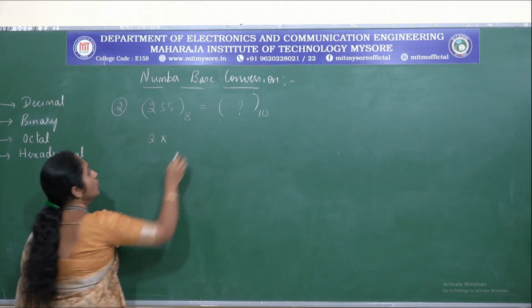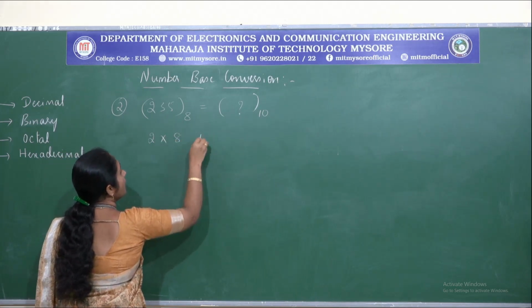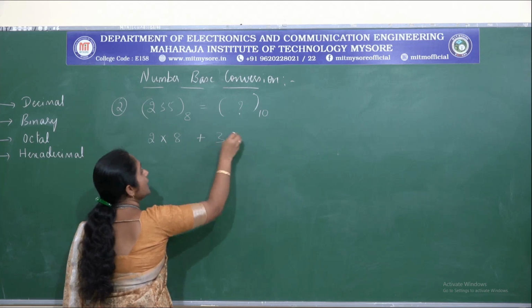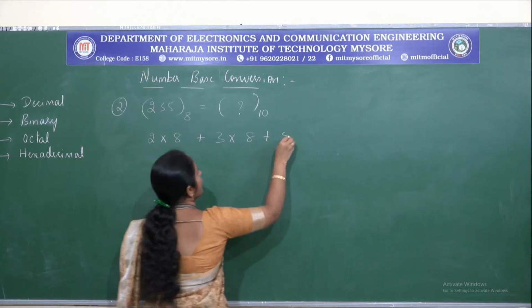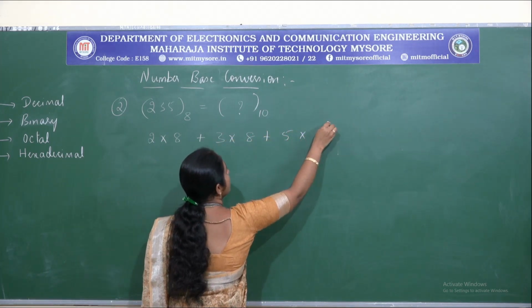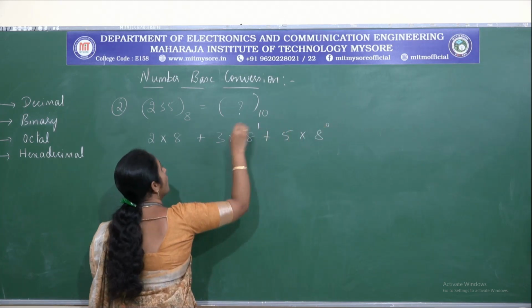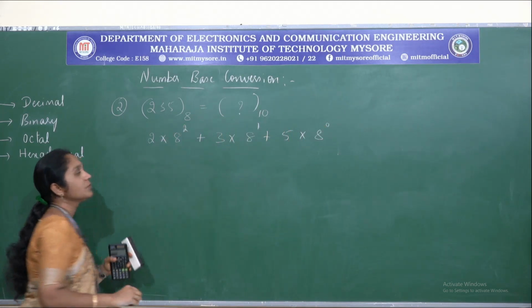So we have 2 into 8 power, let me write the power later. Next 3 into 8 plus 5 into 8. The power starts from 0, 1, 2.